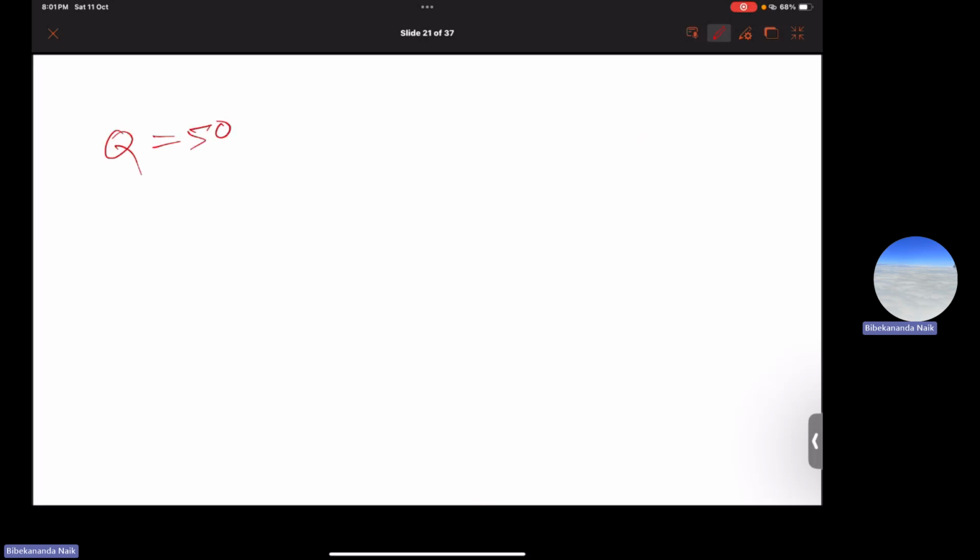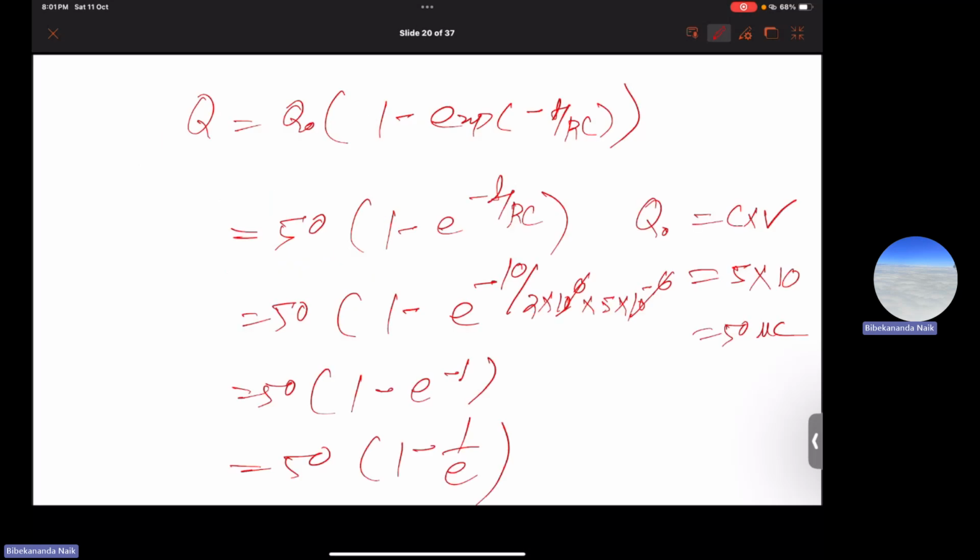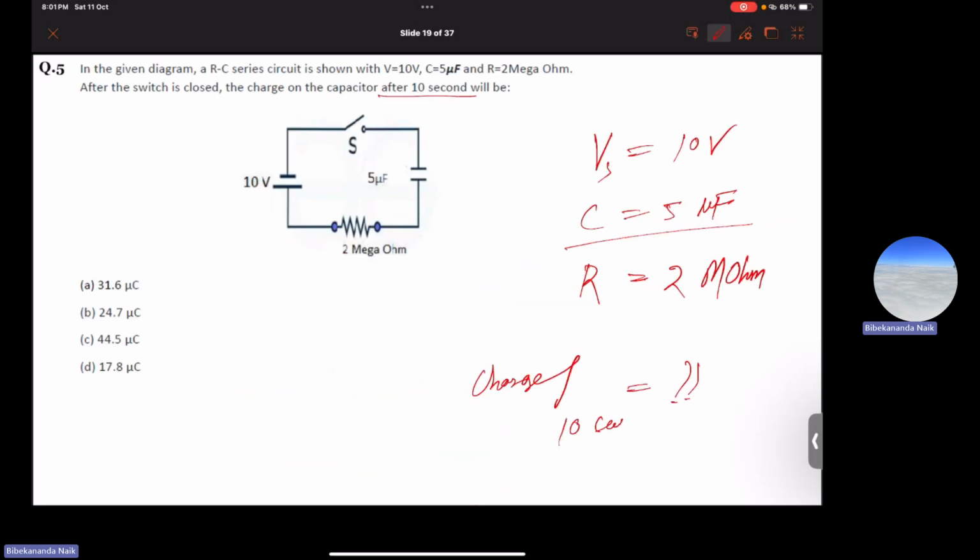So Q is 50 (1 minus 0.36), so 50 into 0.64, which is 32. So it is 32 microcoulomb. And if you see the options, it is 31.6.